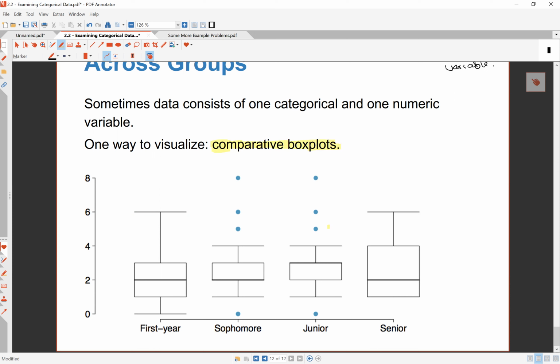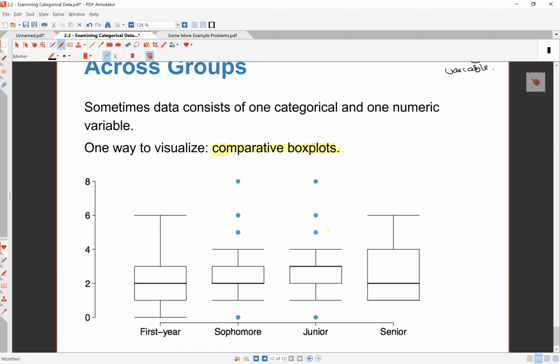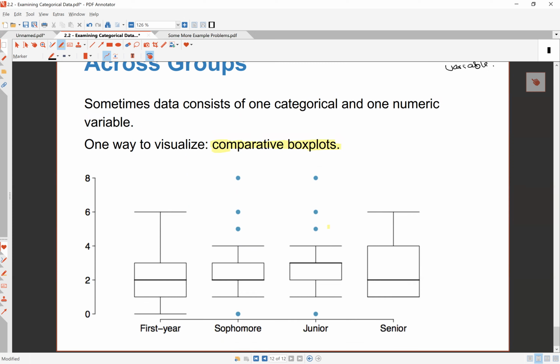And then for the data from each category, like in this case, the numeric variable, we were able to find all the numeric values for first-year students, all the numeric values for sophomores, all the numeric values for juniors. And then we do a box plot for each different group. So now we can compare the profiles of first-year and sophomore students and juniors and seniors.